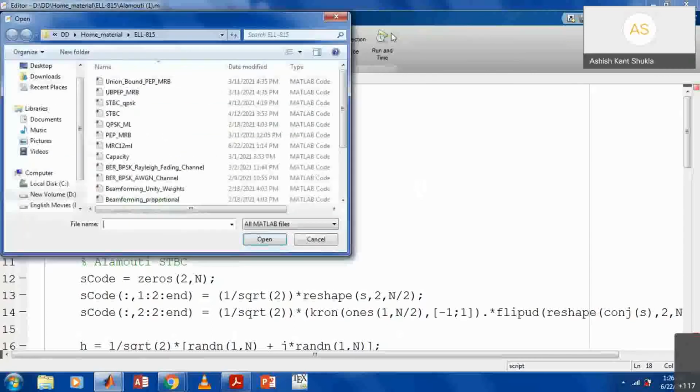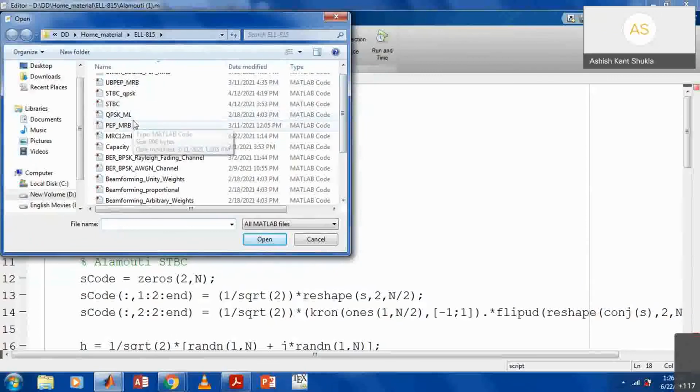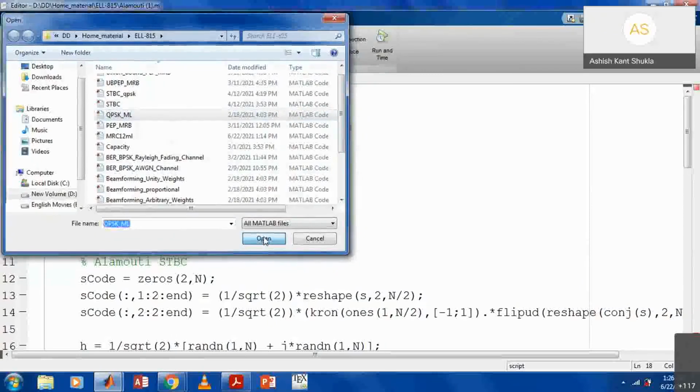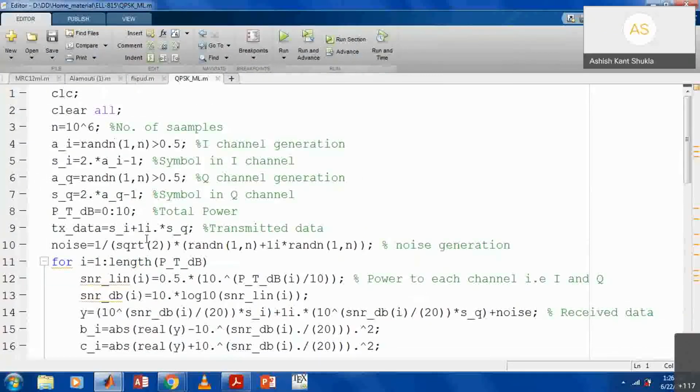Meanwhile, someone has asked about the generation of QPSK code. So for them, this code might help for QPSK. We have this type of scenario for QPSK.